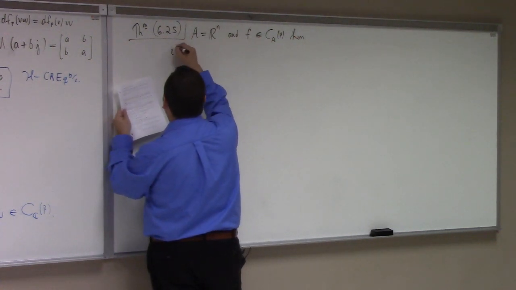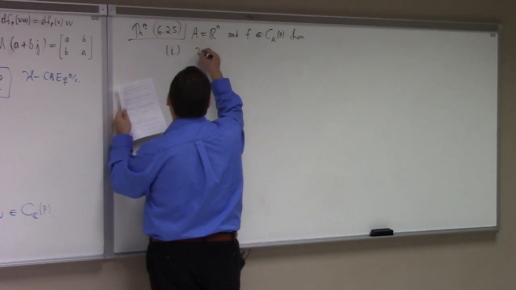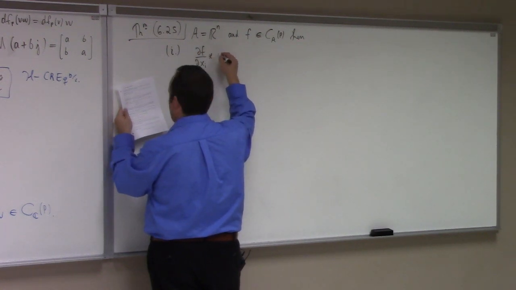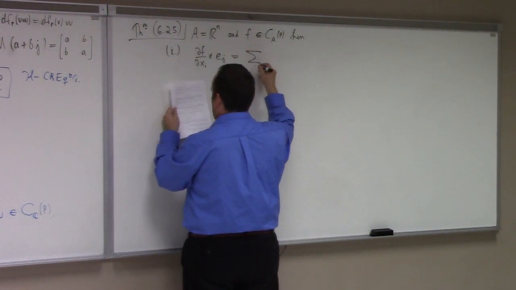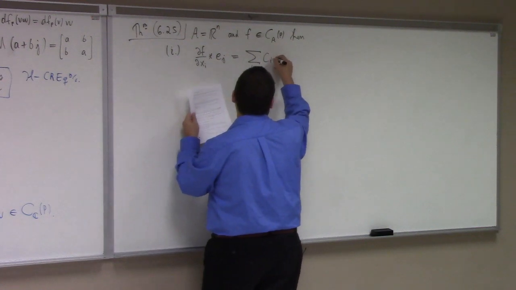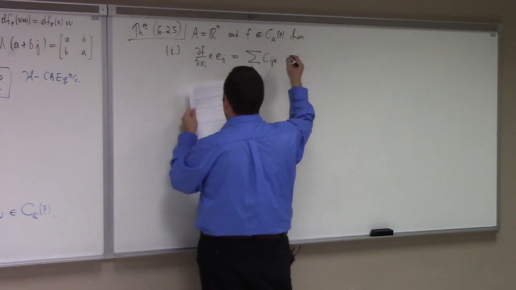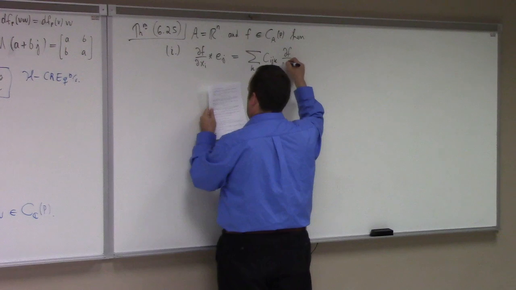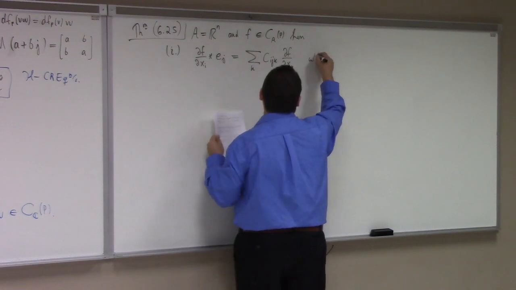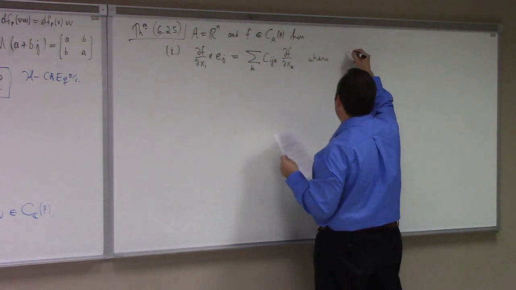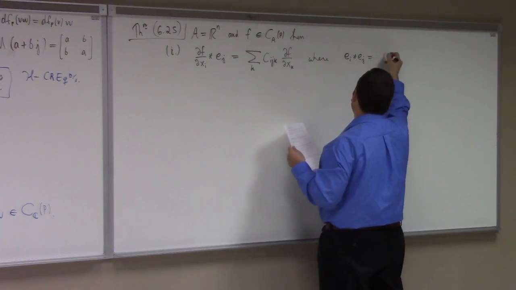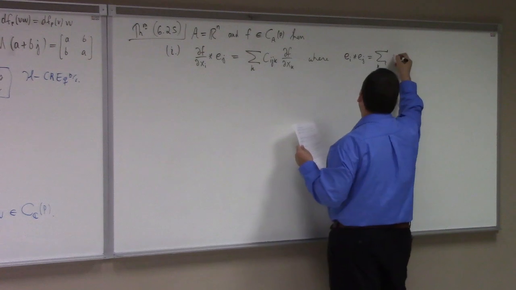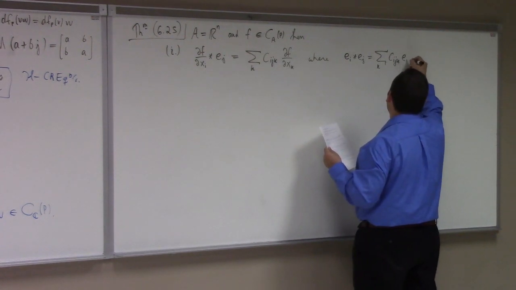Number one, we could say that partial F partial xi times ej is equal to the sum over k of cijk times partial f partial xk, where you might wonder what the cijk's are. Well, the cijk is as follows. Ei times ej is equal to the sum over k of cijk ek.